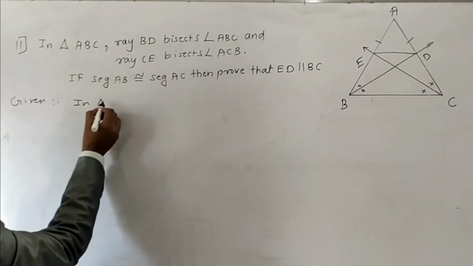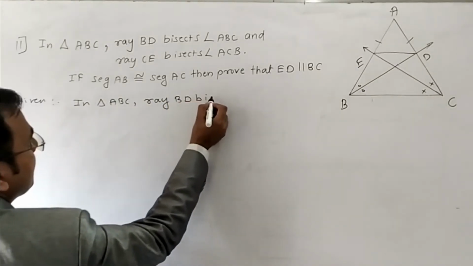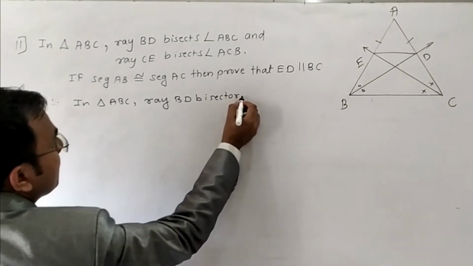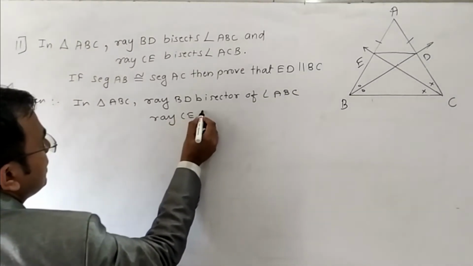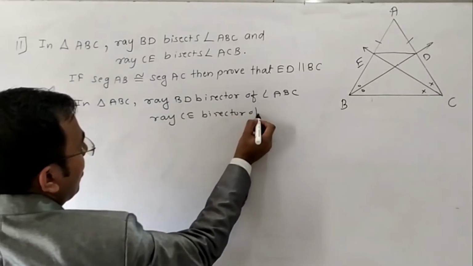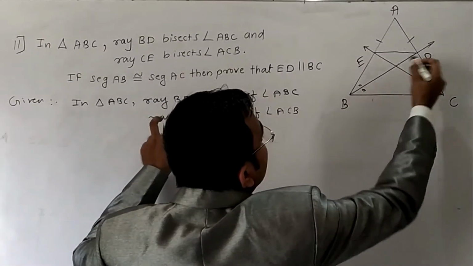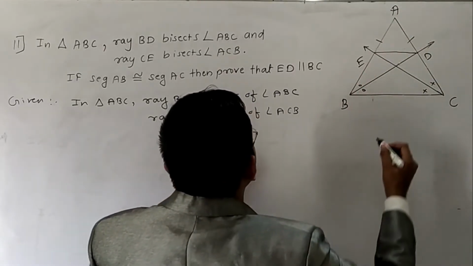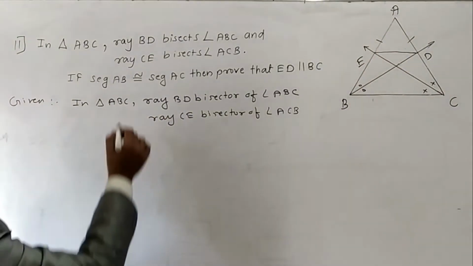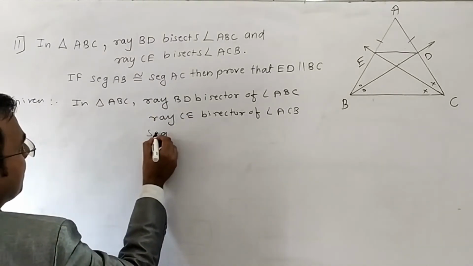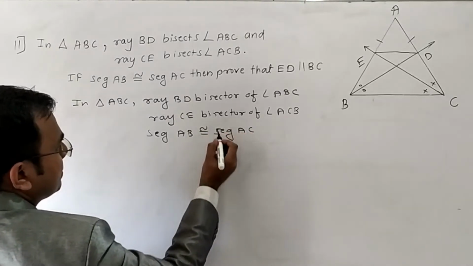Okay, in triangle ABC, ray BD is bisector of angle ABC, ray CE is bisector of angle ACB, and segment AB is congruent to segment AC.